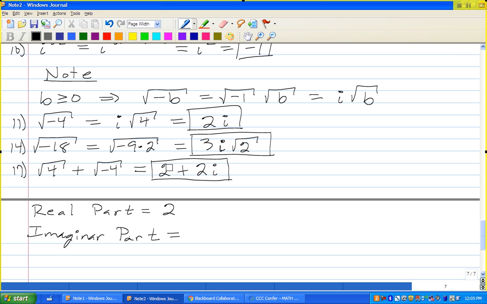That's the number that does not have an I. The imaginary part is 2 also. It is the number in front of I. So the real part is this number. The imaginary part is that 2. Okay?